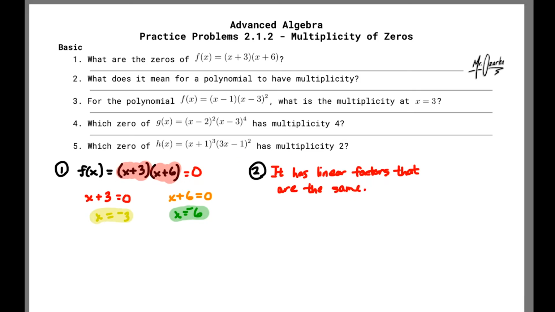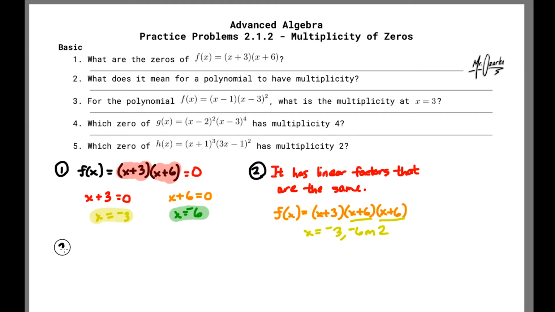So if we use our first example, that f of x is equal to x plus 3 times x plus 6, you can kind of look at it this way, where imagine I had another x plus 6 in here, so I just tack on another one right here. The solution for that negative 6 would still exist, so your solutions would still be x is equal to negative 3 and x is equal to negative 6, but you would have to say multiplicity 2 on the negative 6 because there's 2 of them here. So that's basically what multiplicity means.